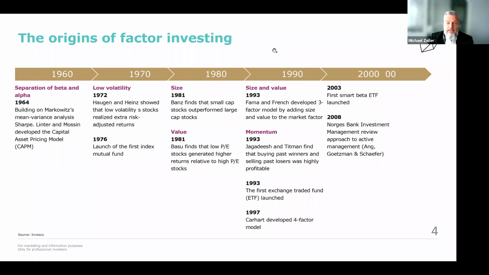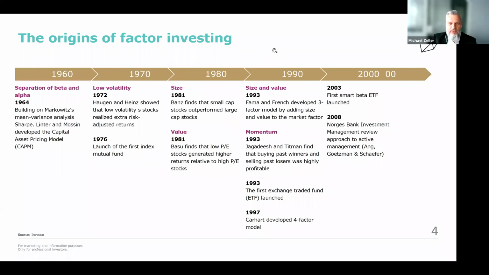In the 1980s, two different things came up in terms of factor investing. Mr. Bunce found out that small caps tend to outperform large caps. That's the so-called size effect. And on the other hand, Mr. Bezu found out that stocks with a low PE ratio usually tend to outperform stocks with a high PE ratio.